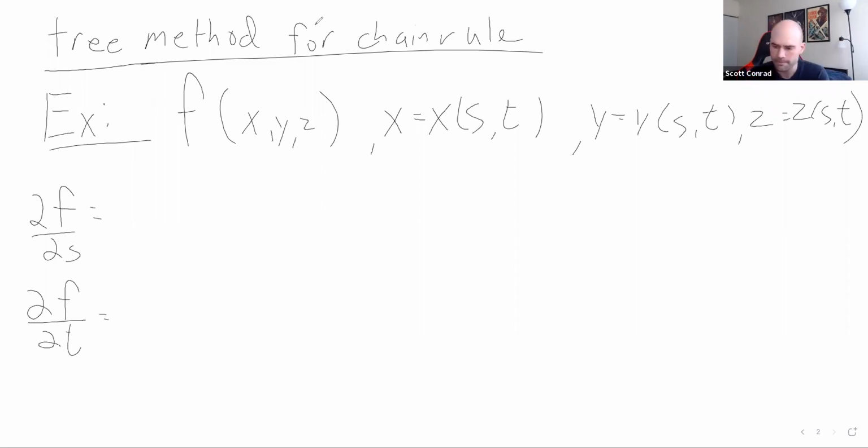So the way we're going to do this is we're going to draw a tree. So we have f up at the top. f is initially written as a function of 3 variables, x, y, and z. And so these are not the actual independent variables. x, y, and z are not the things that are changing here because they each depend on s and t.